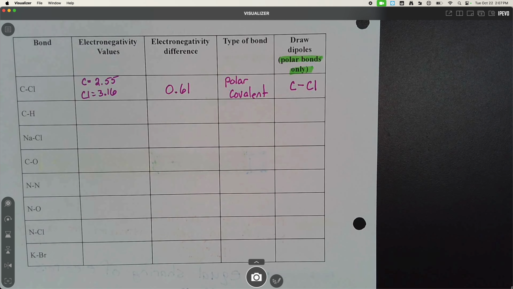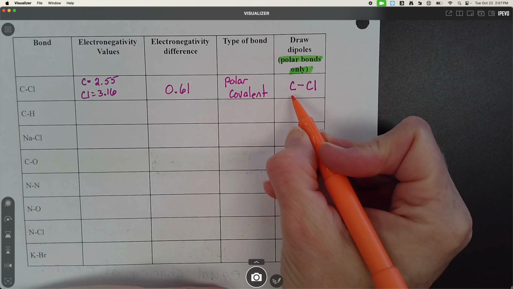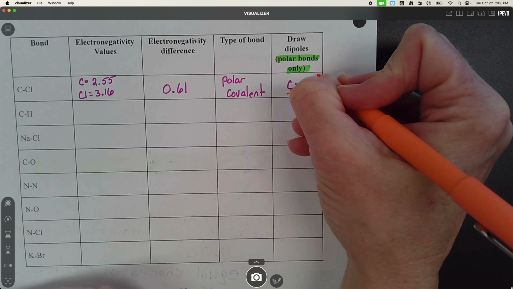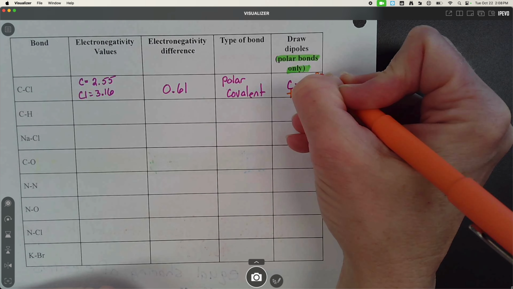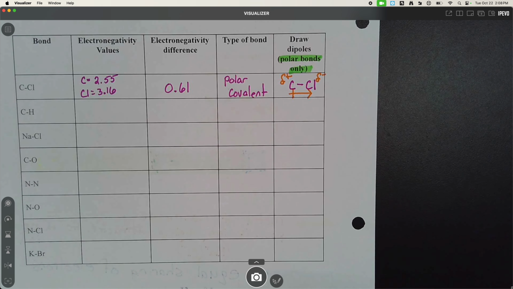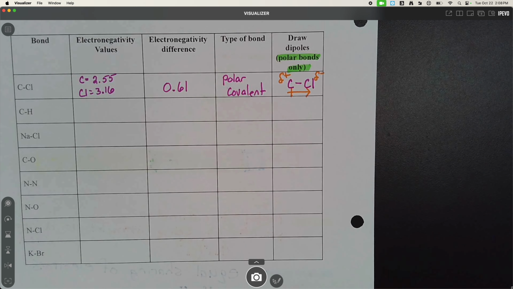And with the chlorine being more electronegative than the carbon, the electron cloud is going to get pulled in the direction of the chlorine, leaving a positive at the carbon, or we can denote that with our partial negative and partial positive. And I don't have a preference how you choose to represent your dipoles, or if you like representing them both ways, that's just fine as well. Next one.